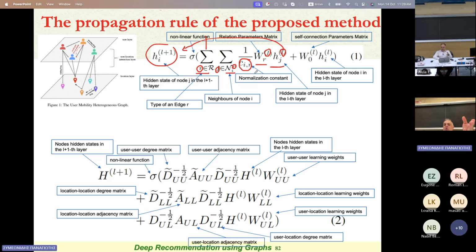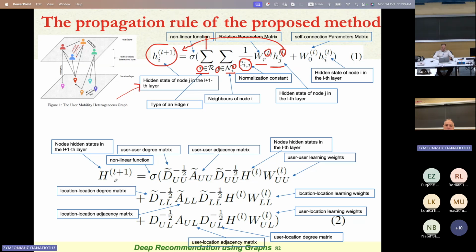This is a kind of attenuation factor based on the distance of the target node to the node that we are considering. This is the formula for graph convolutional neural networks.